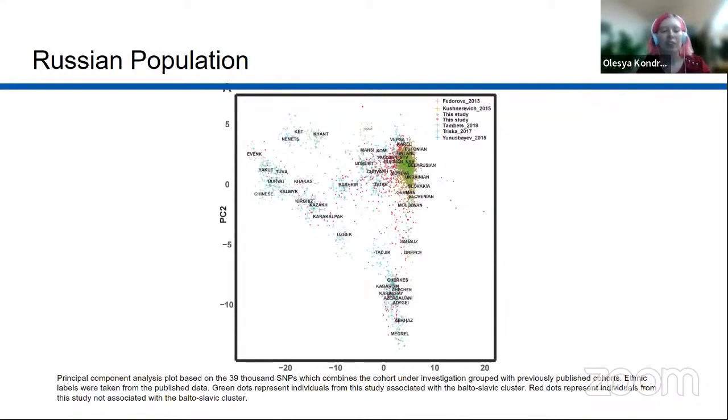First of all, we performed principal component analysis on our data combined with several other publicly available data sets with assigned ethnic information. As a result, the majority of our collected data were close to the previously published Central Russia population.